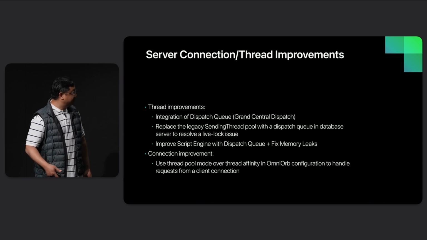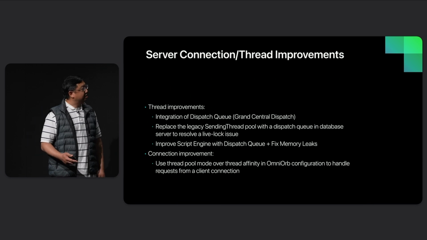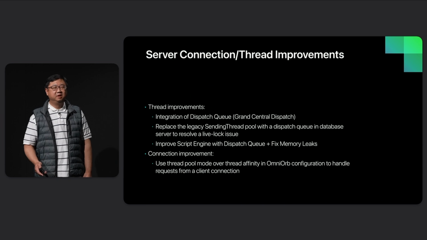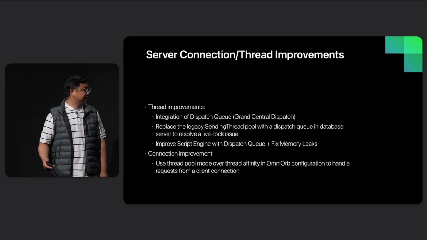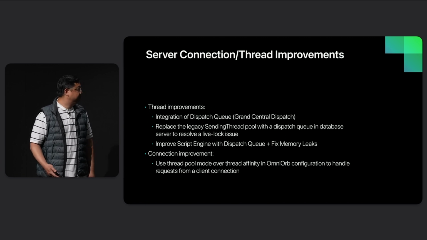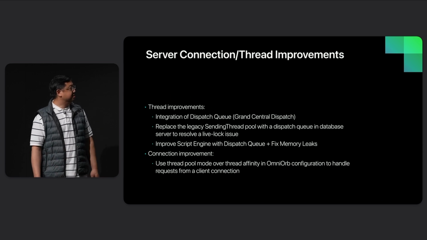For connection improvement, we made a change in the OmniORB configuration to enforce thread pool mode over thread affinity to process concurrent calls from a connection. So, the OmniORB pool mode is different from the sending thread pool mentioned earlier.